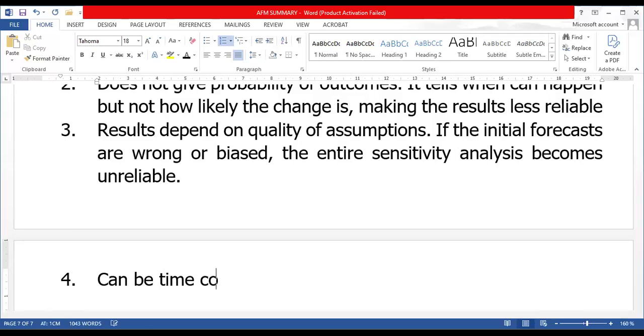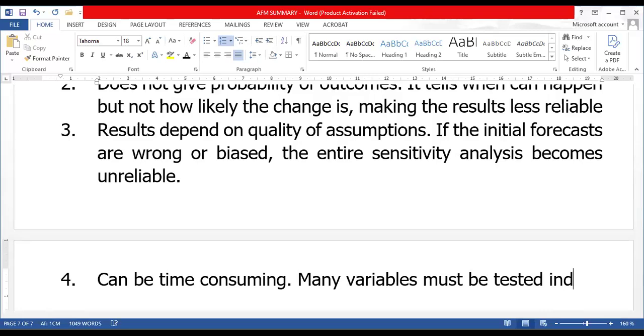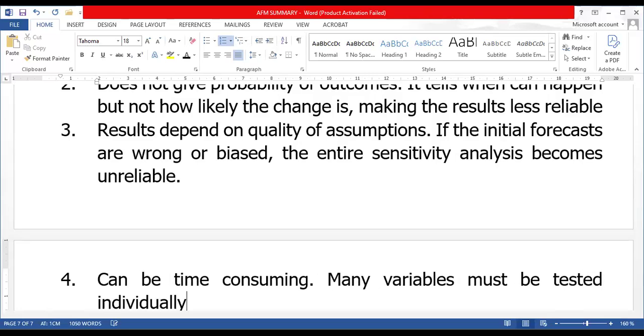Then it can be time consuming. Just imagine you're analyzing one variable, but many variables must be tested individually. You don't aggregate, especially in large projects, because in large projects you cannot just rely on one test variable.